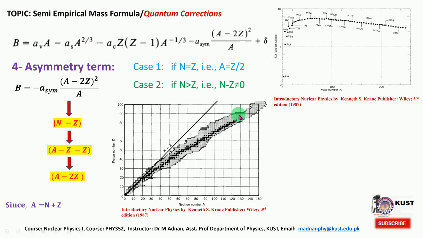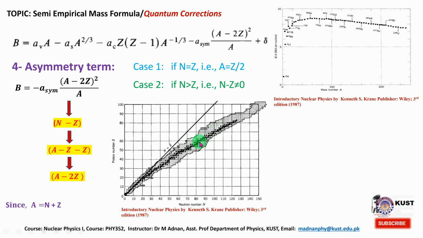This light gray portion, which lies again below this N equals Z curve, is also the representation of various unstable or radioactive isotopes. So they will convert some protons to neutrons in order to come to this stable curve.